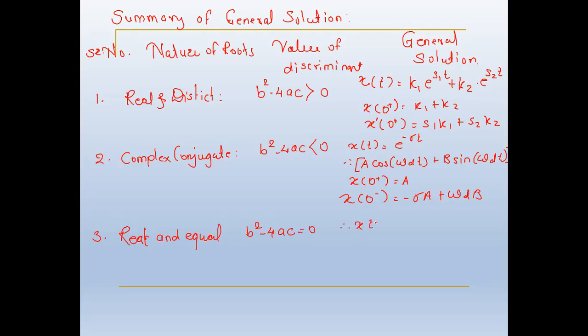Therefore, x(t) = (k1 + k2 t) e^(s1 t), where x(0+) = k1 and x'(0+) = s1 k1 + k2. So these are the equations related to the same.